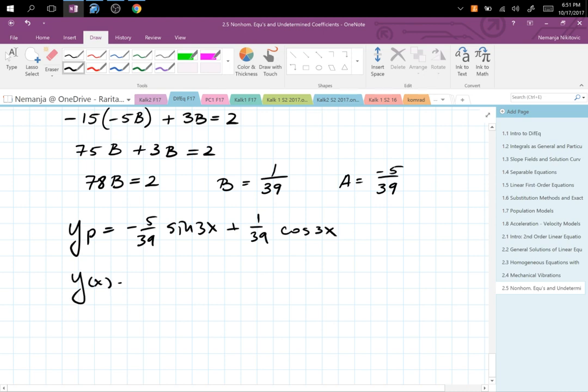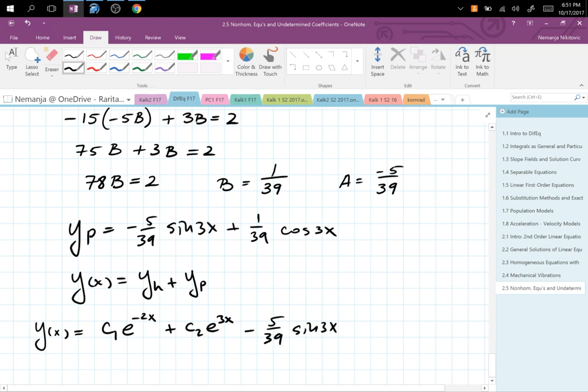Our general solution is the addition of the homogeneous part and the particular part. So y of x is equal to c1 e to the negative 2x plus c2 e to the 3x minus 5 over 39 sine 3x plus 1 over 39 cosine 3x.